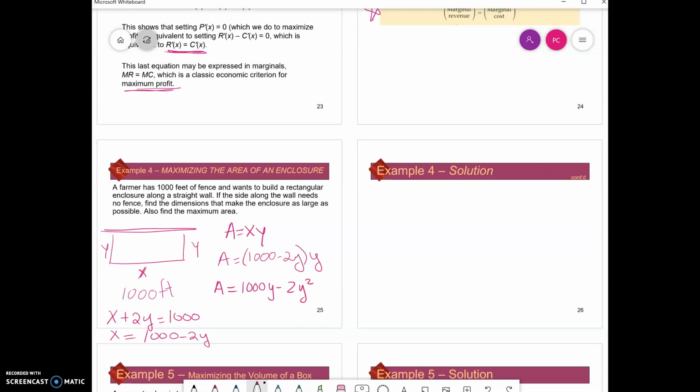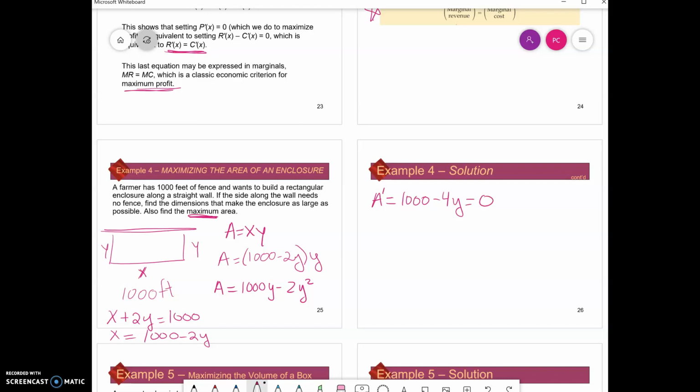And again, the goal is to maximize. Anytime we see that word maximize, your brain should automatically go to set up an equation that I can take the derivative of. So I'm going to take the derivative of A, so A prime gives me 1,000 minus 4y, and I'm going to set that equal to 0.